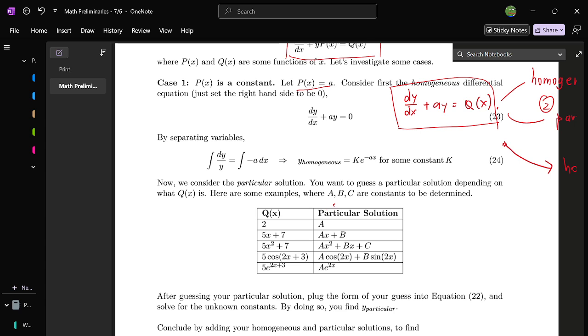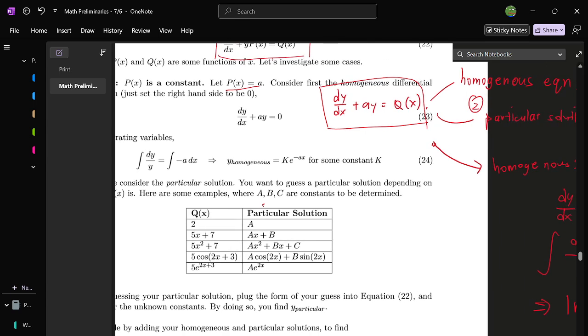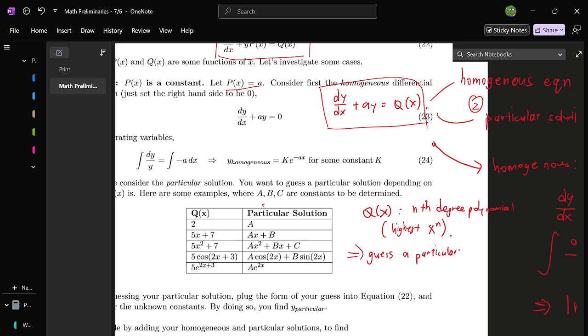You can see here that if you have qx as a polynomial term, so let's say qx is an nth degree polynomial, which means your highest term is x to the power n. Then you want to guess a particular solution that is also an n degree polynomial.